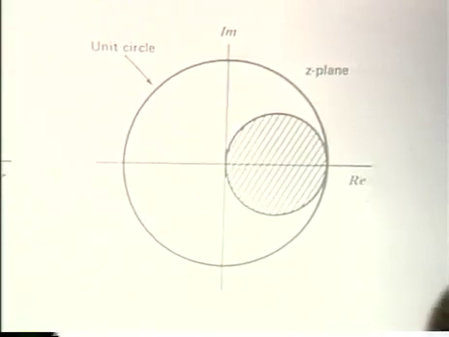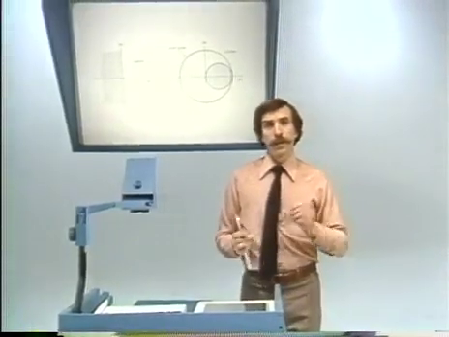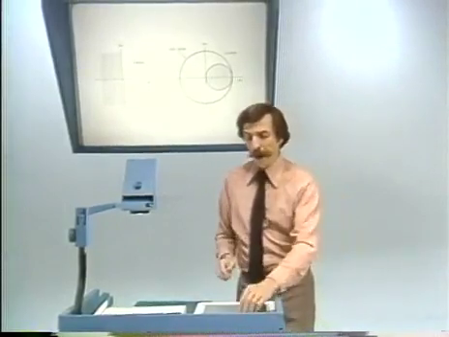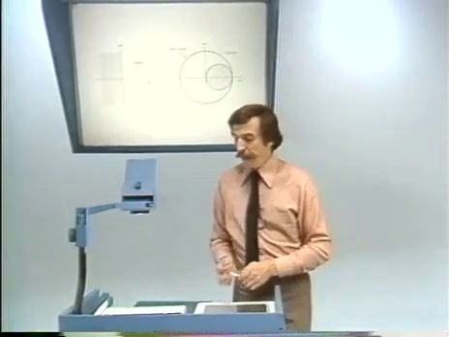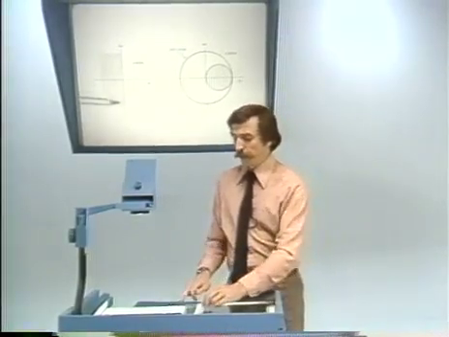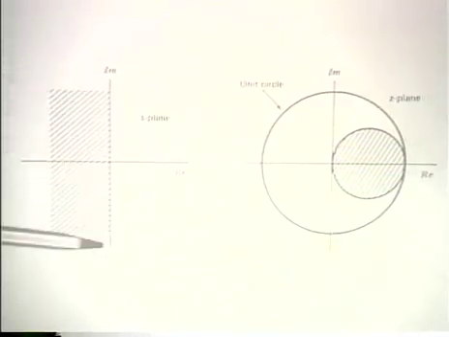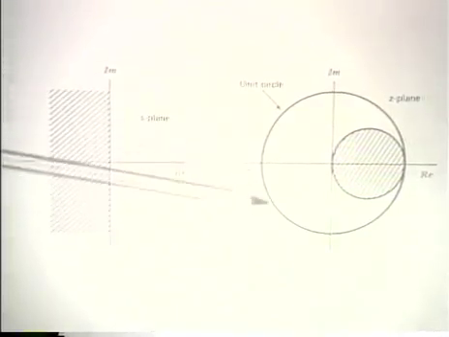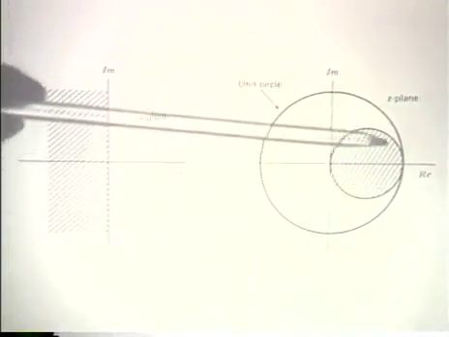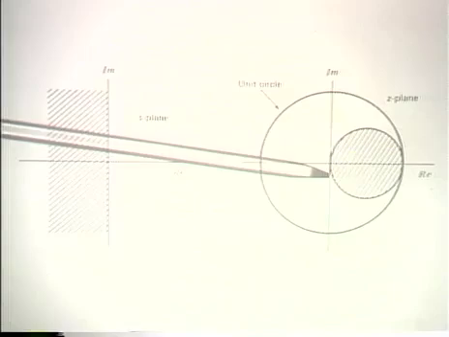Now, the mapping from the S-plane to the Z-plane corresponding to replacing derivatives by backward differences, in fact, can be shown to correspond to mapping the j-omega axis not to the unit circle, but to the little circle that I show here, which is inside the unit circle.